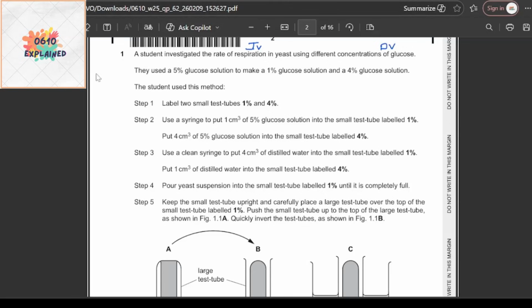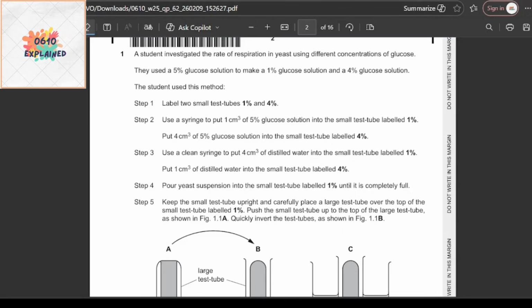So, to identify the independent variable, we are going to look at the rate of respiration in yeast with different concentrations of glucose. Now, what can we change in this experiment? We can change the concentrations of the glucose and we can observe or count the rate of respiration in yeast.